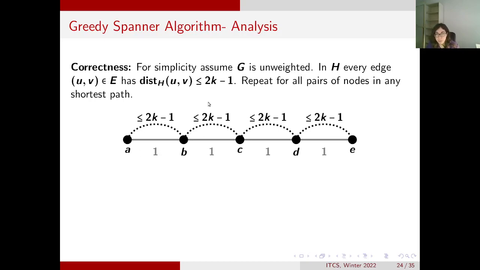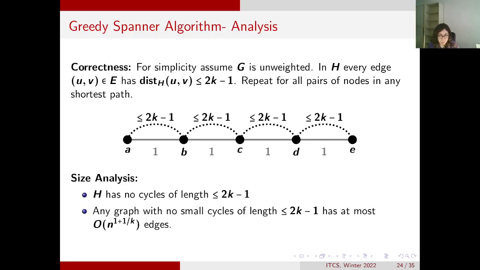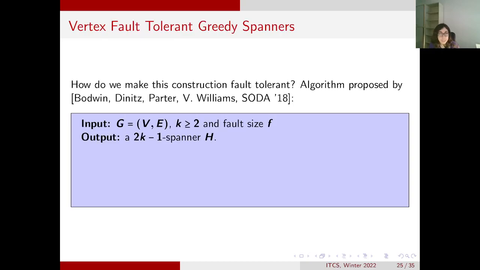There's already a path of length 2k minus 1 there, and for any shortest path, we can just look at all of these paths together, and we get a 2k minus 1 stretch guarantee. I won't get into the details, but the size analysis is also based on the fact that this graph doesn't have any small cycles, and we can argue that a graph with no small cycle has at most n to the 1 plus 1 over k edges.